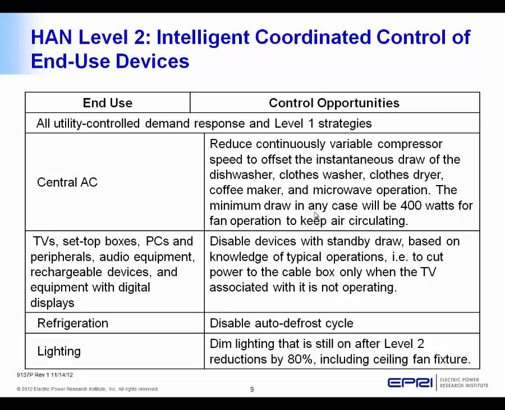To control TVs and set-top boxes and the like, to disable those which have a standby draw, the so-called parasitic loads or vampire loads as they're sometimes called. You're not cutting off the TV I'm watching, you're cutting off the set-top boxes and the other things I'm not actually using, which can have a significant demand on the power system.